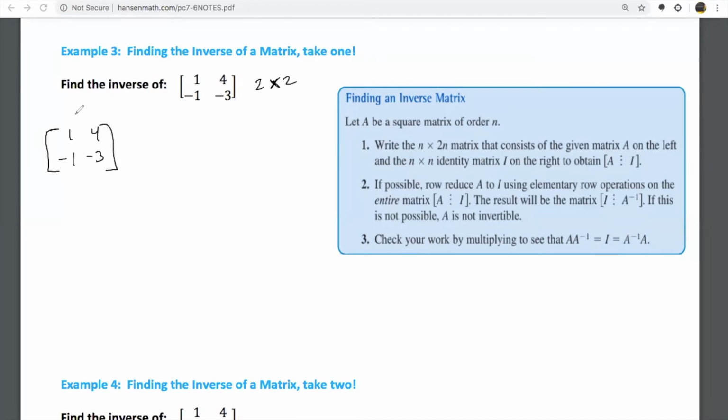And for simplicity, we'll call it matrix A. I know that there exists some matrix that I can multiply by that is the inverse of this, called matrix A inverse, such that I must get the identity matrix, which for a 2 by 2 is 1, 0, 0, 1.